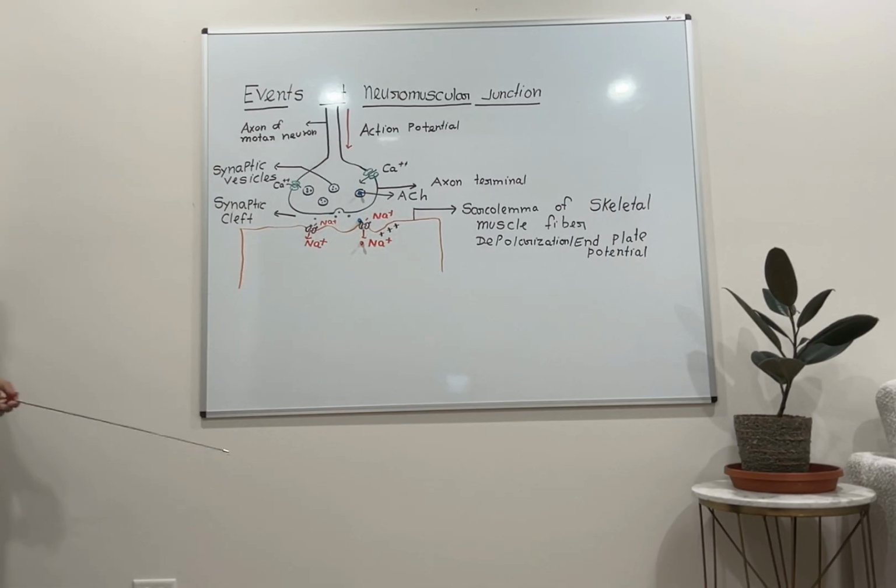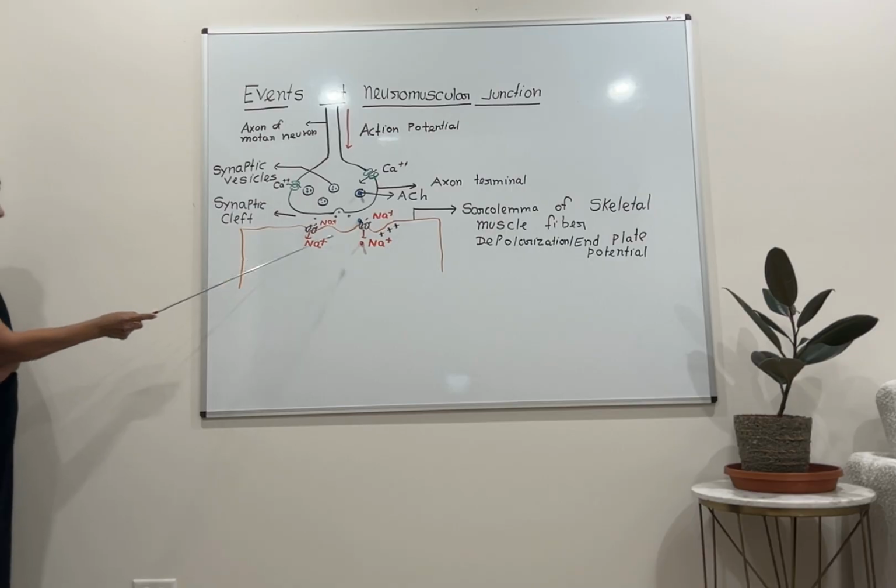These foldings are known as junctional folds, and they increase the surface area, so more acetylcholine receptors are located in these foldings. Now, the sarcolemma has these chemically gated channels.